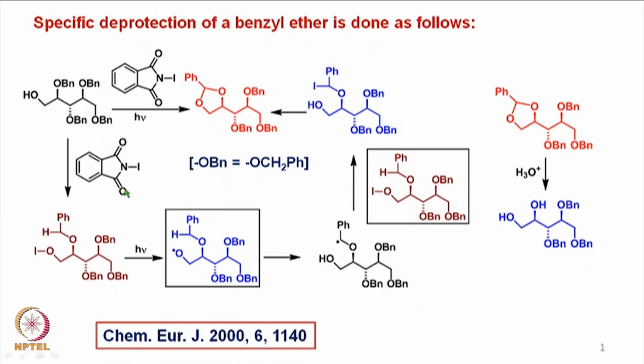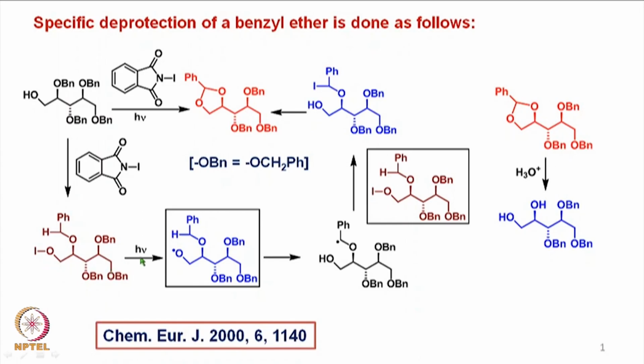Now, what happens is that when this particular molecule is allowed to react with N-iodosuccinimide, the OH group here interacts with the iodonium ion to form the hypoiodite of this type.